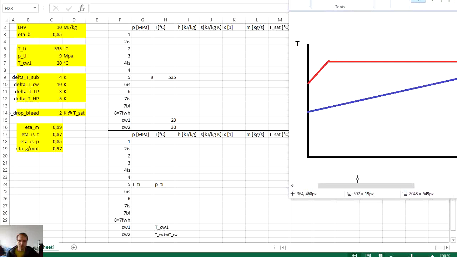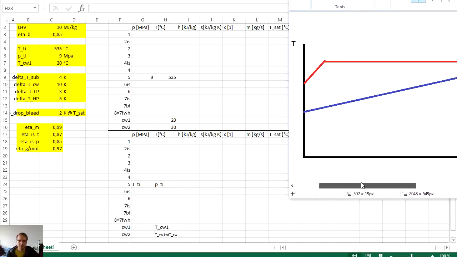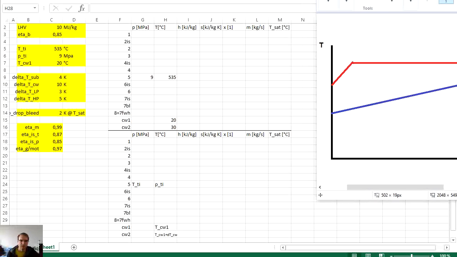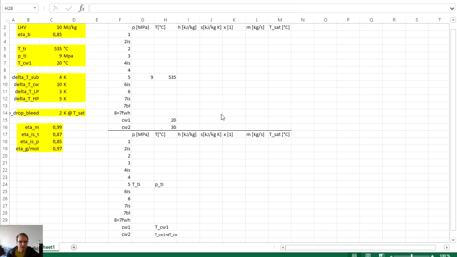So it actually will, I have to take this away, but saturated temperature for the point 1 will be, let's put it first here, the saturated temperature will be temperature of the cooling water 2, sorry, TCV2, plus delta T LP.